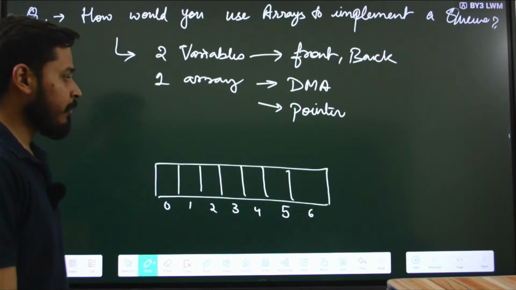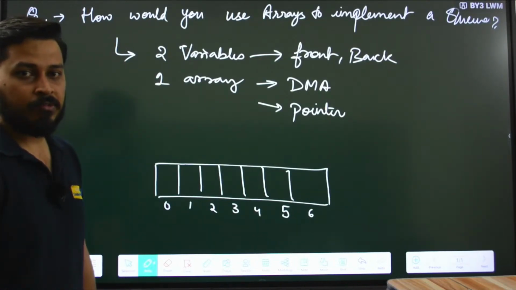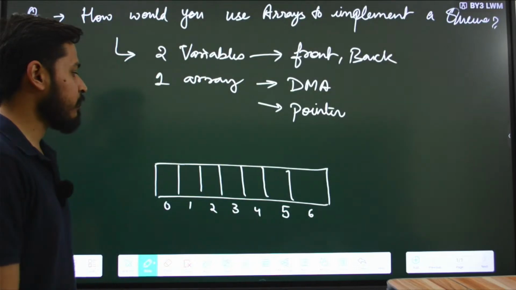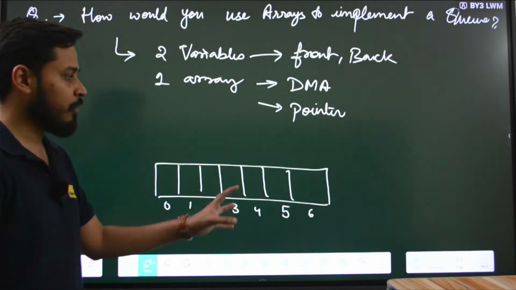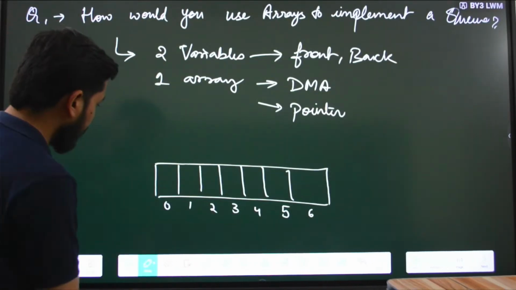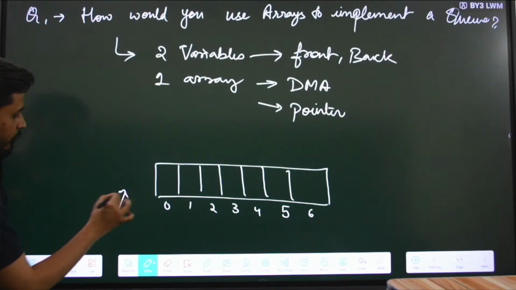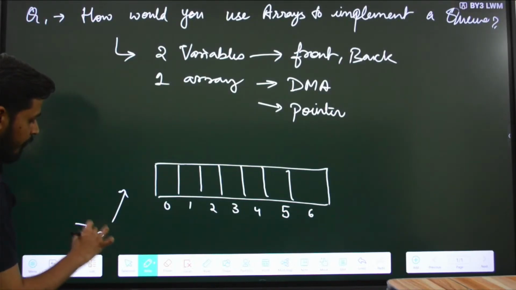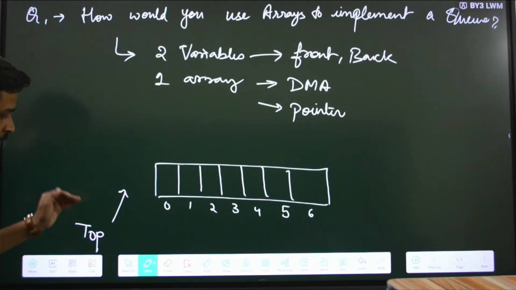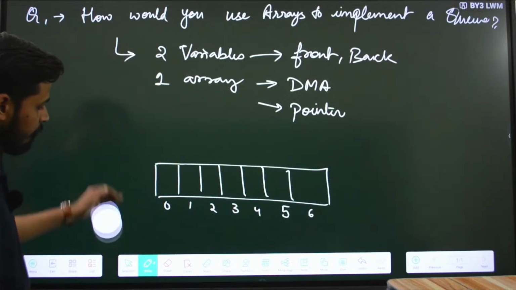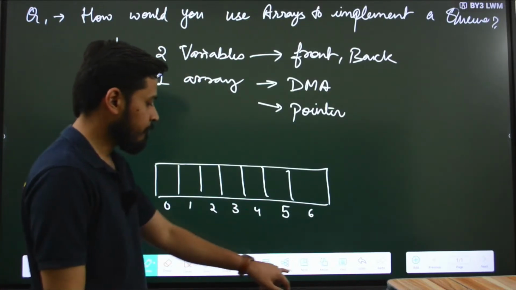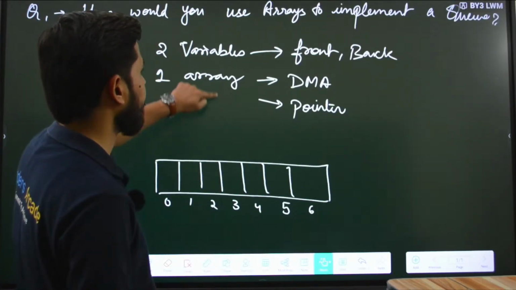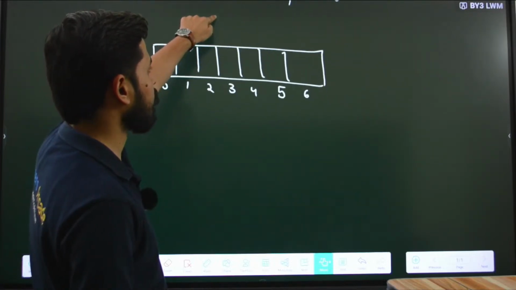Now, if you remember, in the last live session we discussed how a stack is implemented using an array. There, when the stack was created, we were using the top variable. But here, we don't use a top variable, we will be using our front and back variables. So let us talk about that.